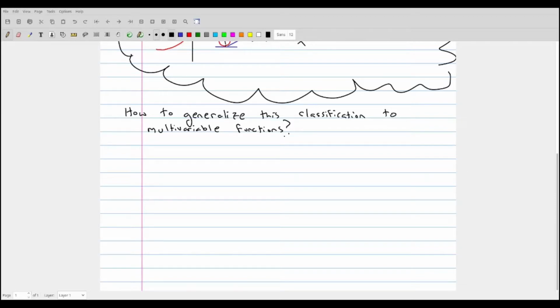And the idea is that we have almost a direct generalization for multivariable functions. So what we'll do is I'll write the general classification, and then also we're going to focus on the 2D case. But it turns out that this is directly possible to generalize to multivariable functions.